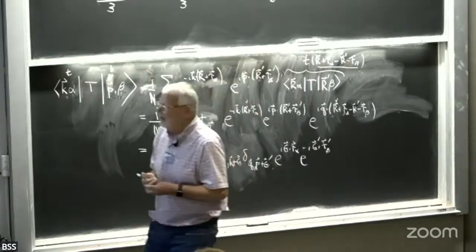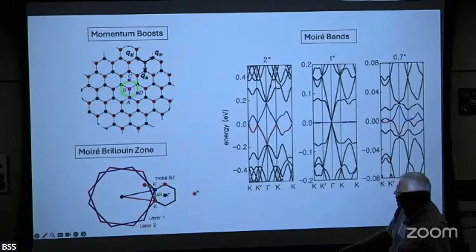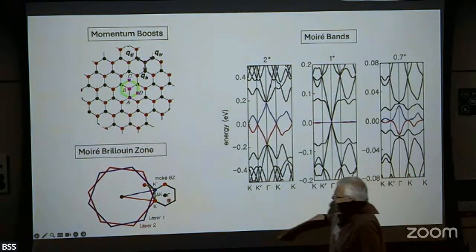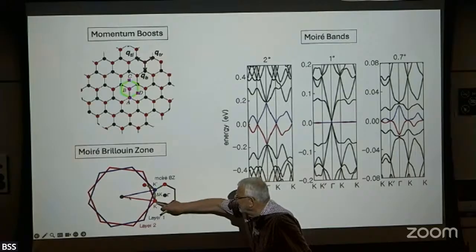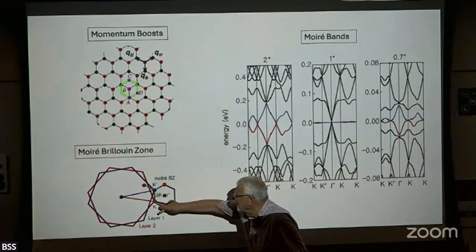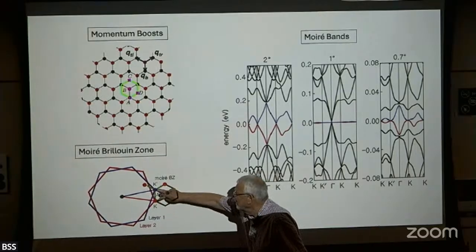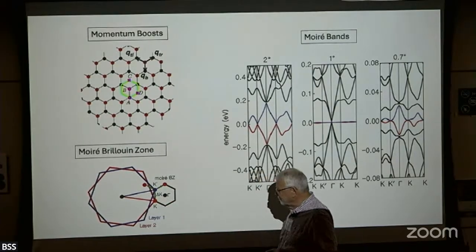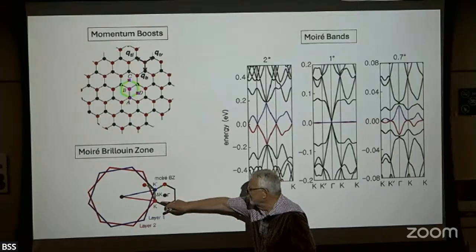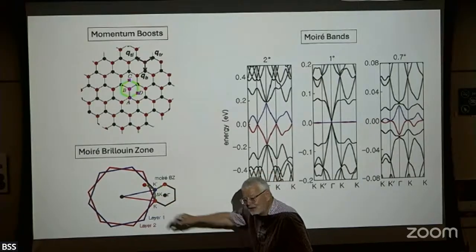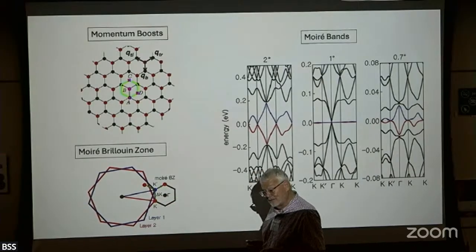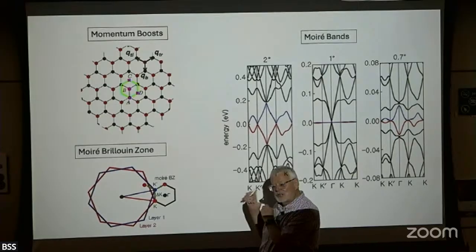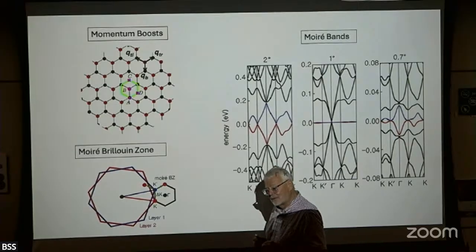And so if I go over here, here are the two Brillouin zones, and the twist is exaggerated here. This is the K in one layer, K in the other layer that's rotated. And you can see that if I tunnel anywhere in this region, I have momentum conservation with the G prime equals 0 term.